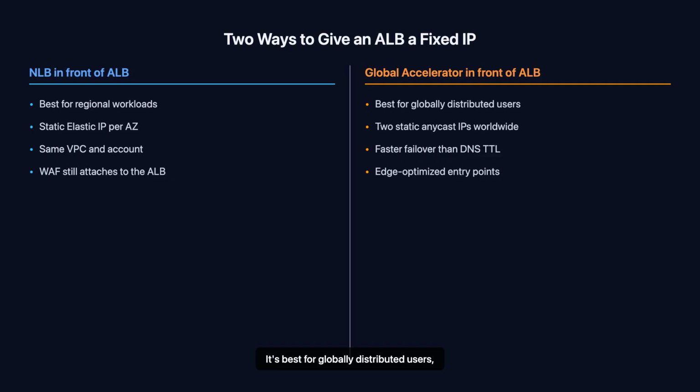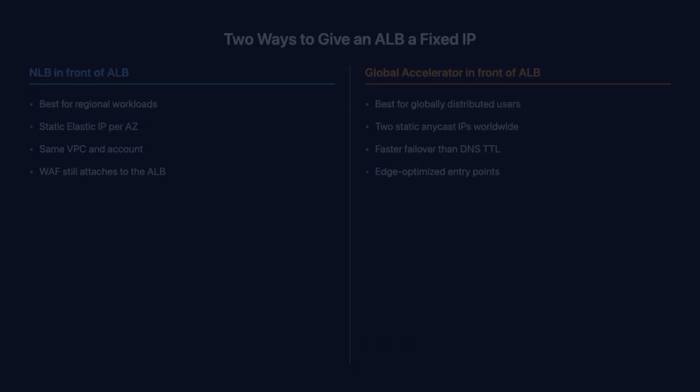It's best for globally distributed users, provides 2 static anycast IPs that work worldwide, fails over faster than DNS, and uses edge-optimized entry points. So regional and firewall-focused, reach for the NLB. Global user base needing worldwide stable IPs, reach for global accelerator.